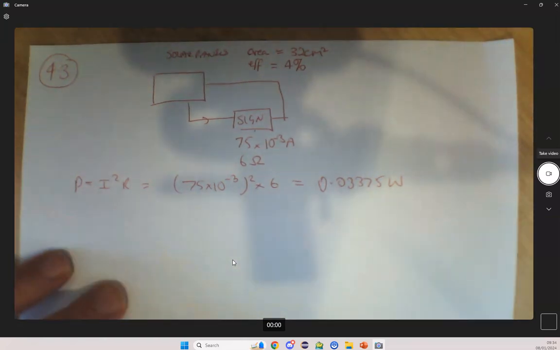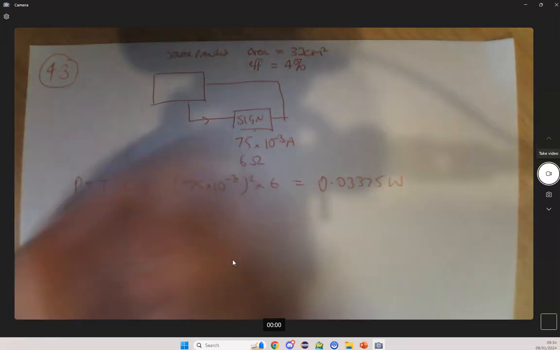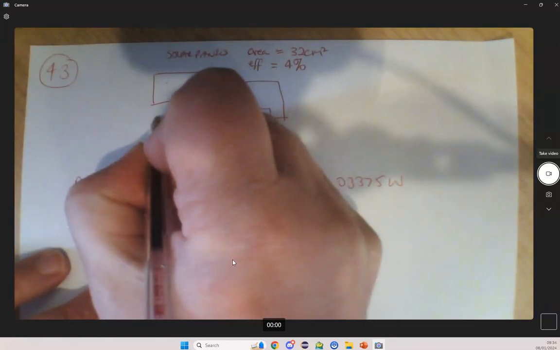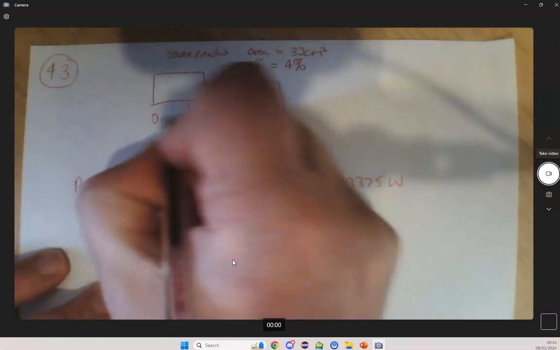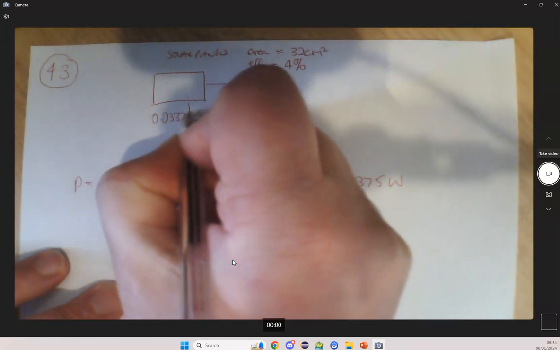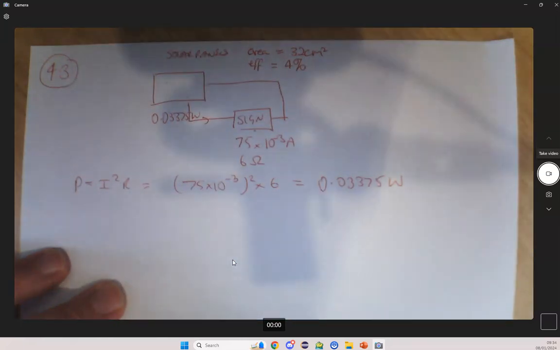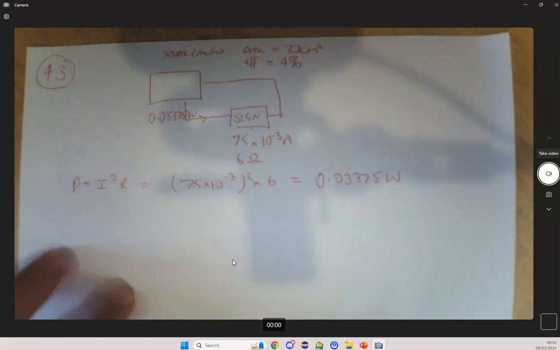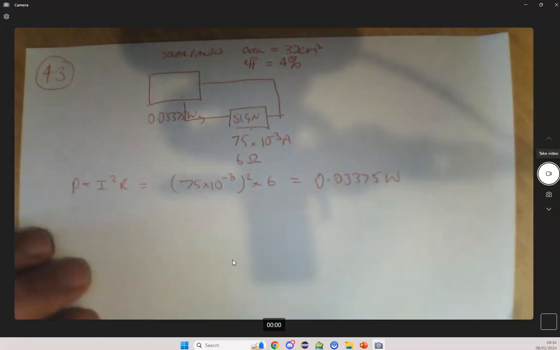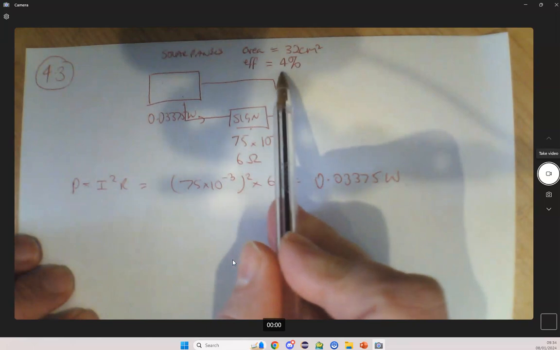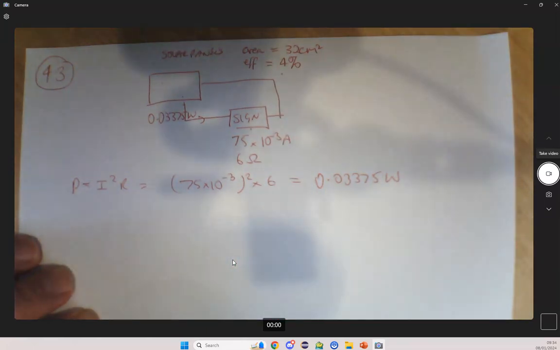Now, okay, so that means coming out of the solar panels, I need 0.03375 watts coming out of those panels. Now, what we know is those panels have an efficiency of 4%.